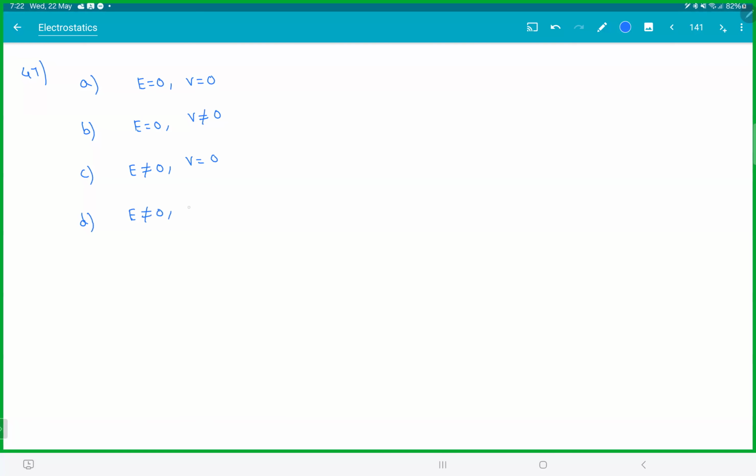E is not 0, V is not 0. Which of the following are possible? Meaning both of them have to be satisfied.